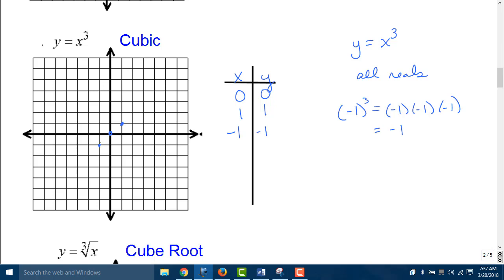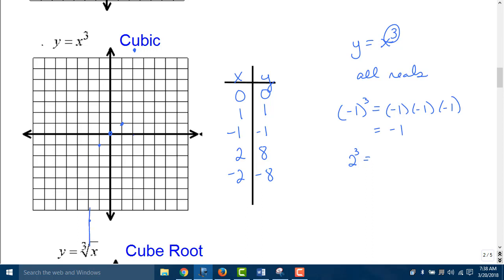Well, that looks like our linear function, but we know it's not because of that exponent. So what about 2? 2 to the third power. That's 2 times 2 times 2, which is 8. So over here, 1, 2, 3, 4, 5, 6, 7, way up here at 8. Negative 2 cubed is going to be negative 8.